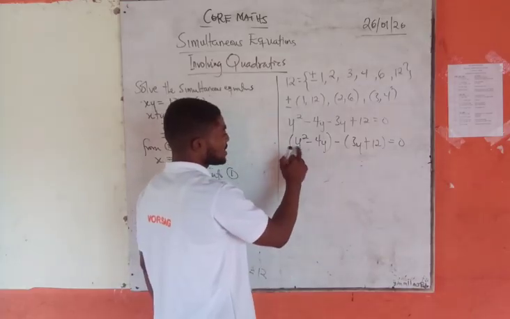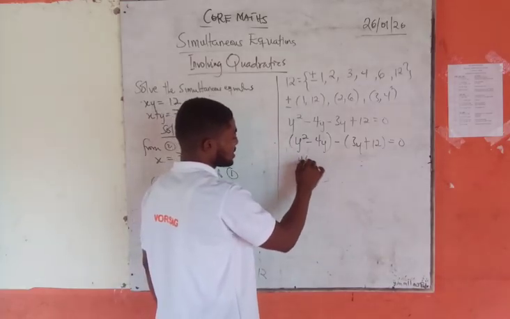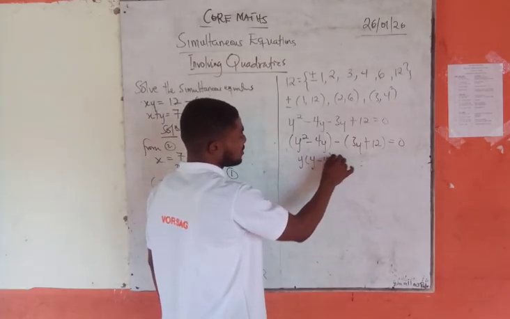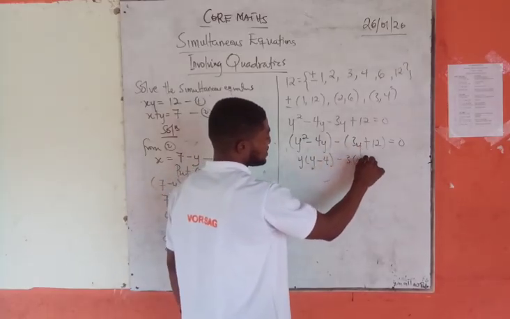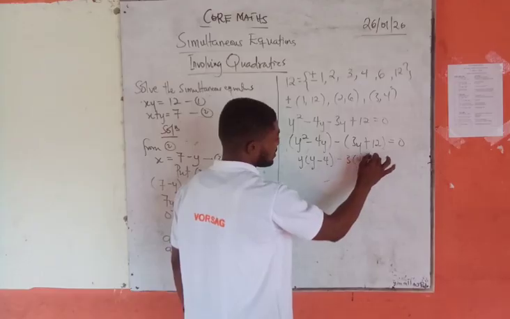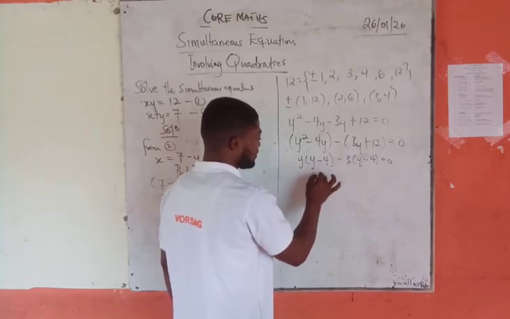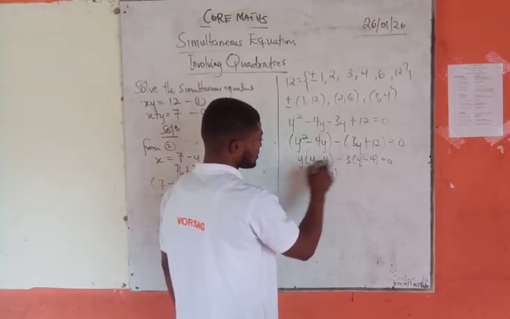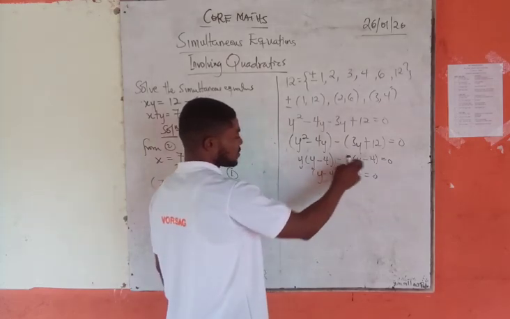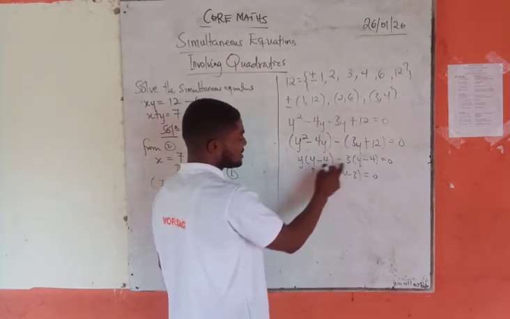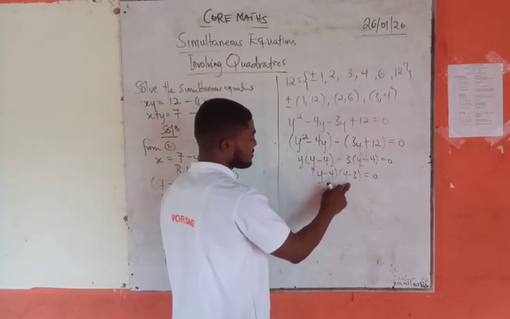What is common to y squared and 4y? That is y, y minus 4. What is common to 3 and 12? That is 3, y minus 4 here. I put this also in bracket. This is common, so I pick the common one first, then I put the outer ones also in one bracket.